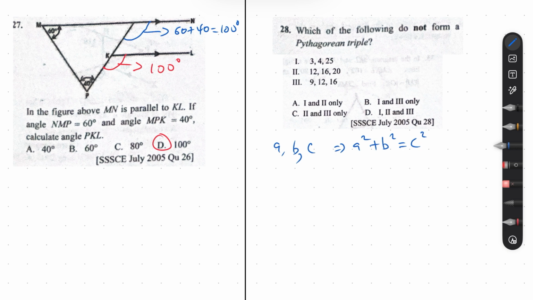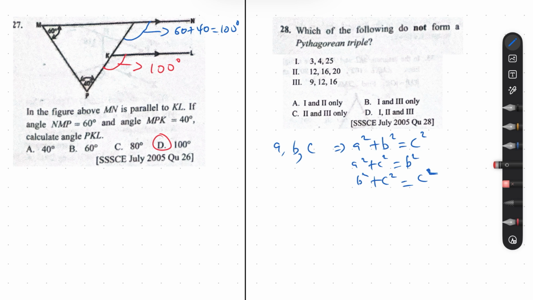Or vice versa, A squared plus C squared should be equal to B squared, or B squared plus C squared should be equal to A squared. Any of these works. So this is what a Pythagorean triple looks like. Now the question is asking us which of these is not a Pythagorean triple.